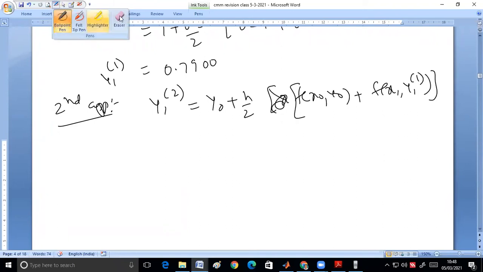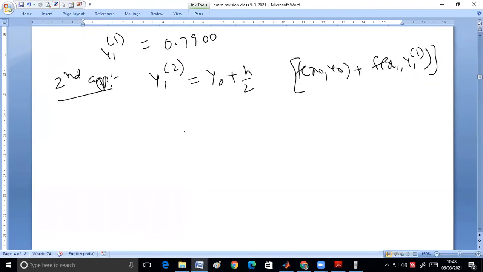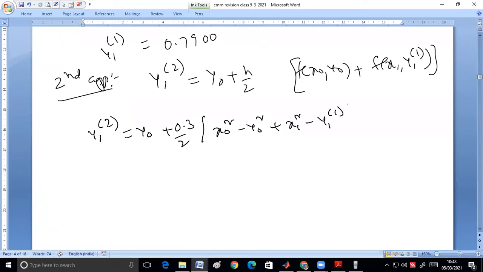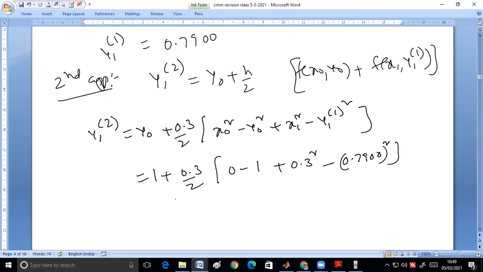Now substitute the values: y naught plus 0.3 by 2, x naught square minus y naught square plus x1 square minus first approximation square. y naught is 1 plus 0.3 by 2, x naught is 0, y naught is 1, plus x1 is 0.3 square, y1 is 0.7900 whole square, and find out the value.